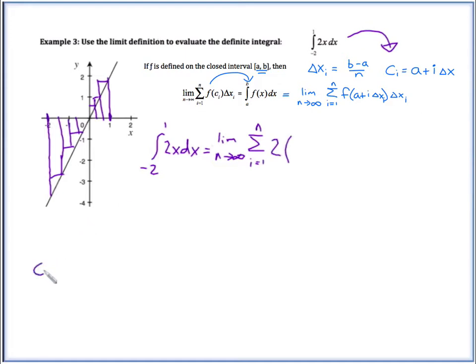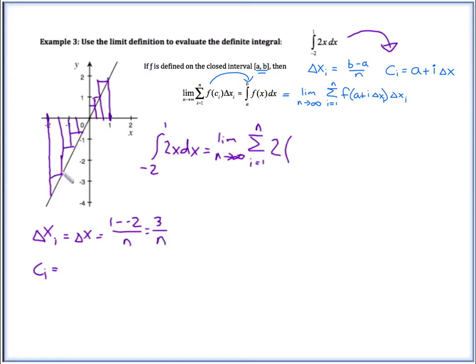So let's go ahead and do some of that work over here. And remember, before we do any of that, we need to find delta x sub i. And that's just going to be delta x. And so what we're going to do is take our interval and go 1 minus negative 2 over n subintervals. So that becomes 3 over n.